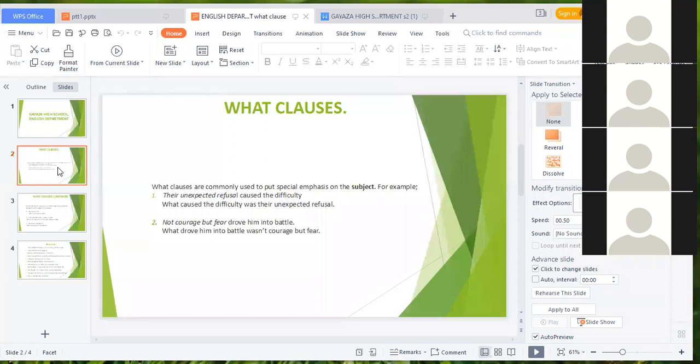A sentence is typically made up of a subject, a verb, and an object. Kadu likes rice. So Kadu is the subject, likes is the verb, and rice is the object. So that is the typical format of a sentence.